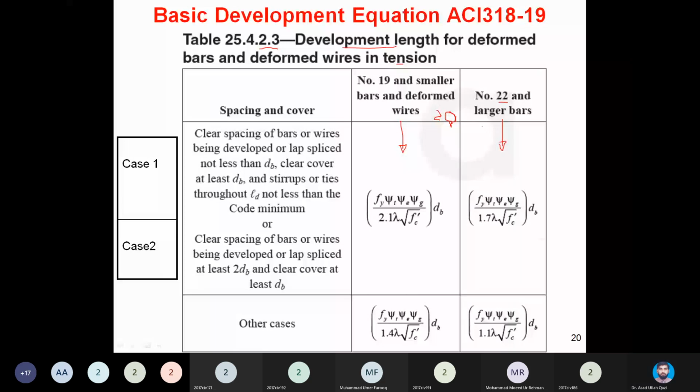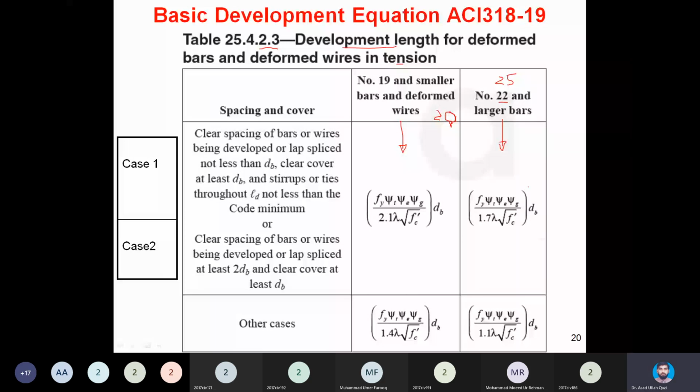For example, if standard SI bars are used, then the first column is for 20 and lesser, and because the next designation in standard SI is 25, the second column will be for 25 and larger.